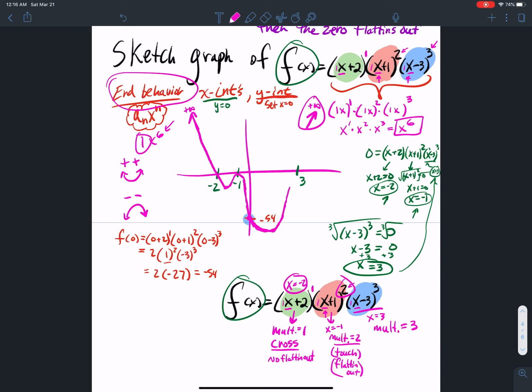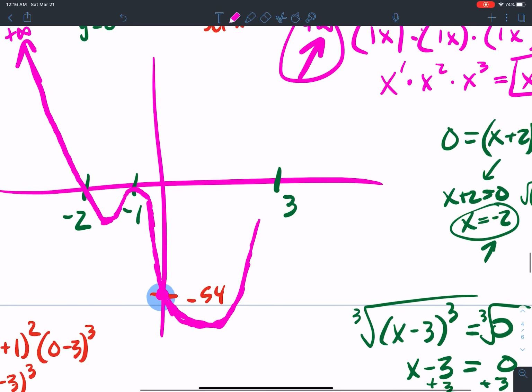So that's odd. That tells me that I cross. Okay, I knew I was going to cross. I just didn't know if I flattened out or not. But I do flatten out. Why? The multiplicity is greater than 1. Therefore, I flatten out. That means as I get closer and closer here, I flatten out.